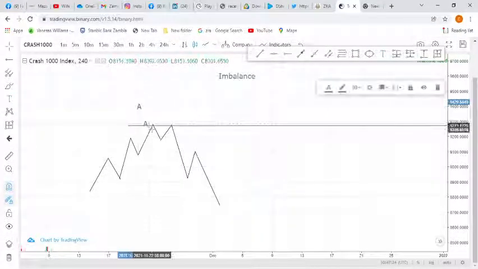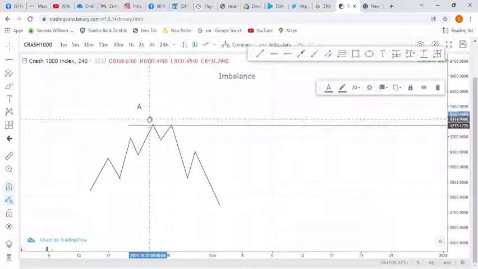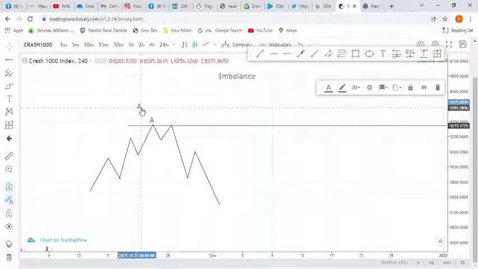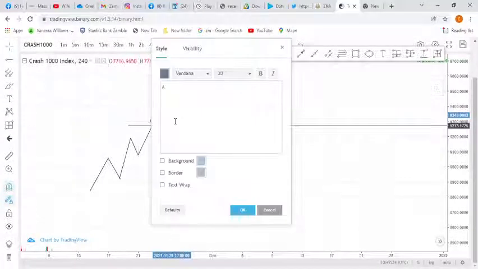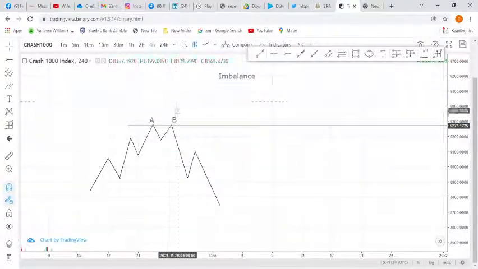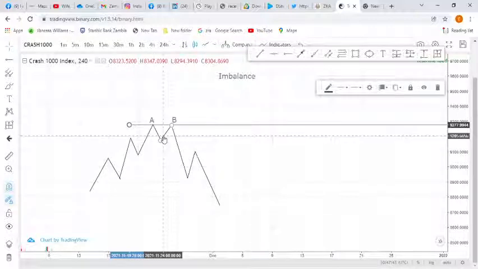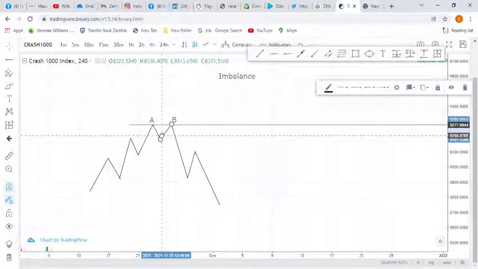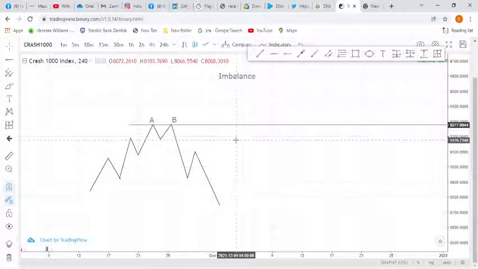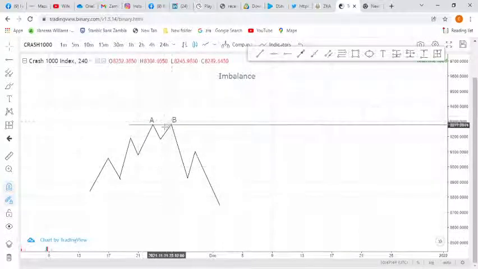Maybe here will be A, this one will be our point A, and there will be our point B. According to the things that we have already talked about, we've talked about how you can spot this resistance.